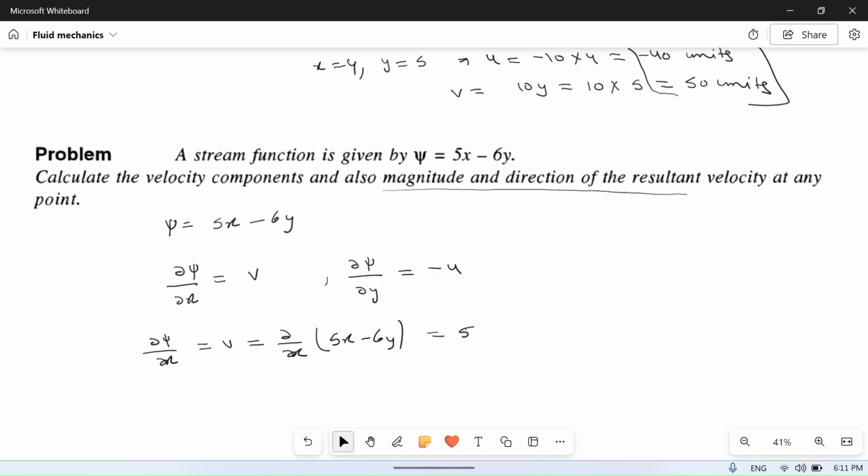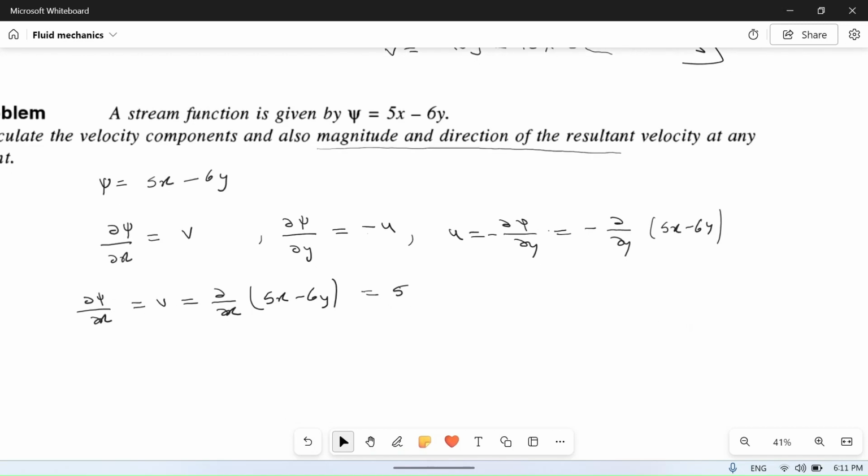Similarly, u will become minus del psi upon del y, so it will become minus del upon del y of 5x minus 6y.